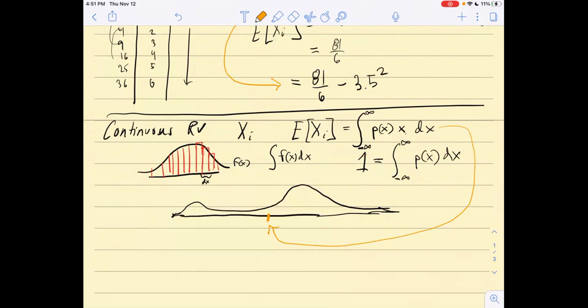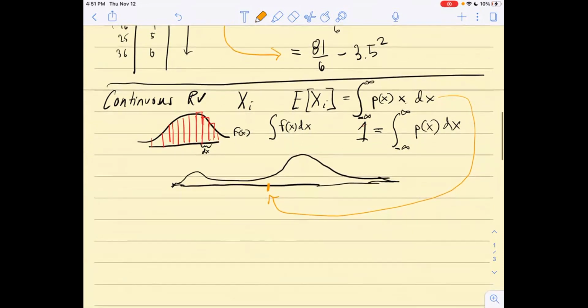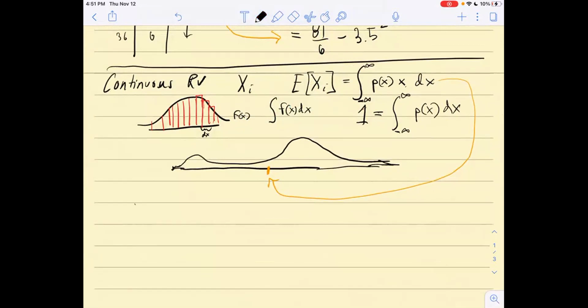Okay, and then there is a formula. I'm just going to write it down. It's completely analogous to the one for discrete ones, but instead of a sigma, we use the integral. So the variance of xi is going to be the integral of (x minus mu) squared times p of x dx.